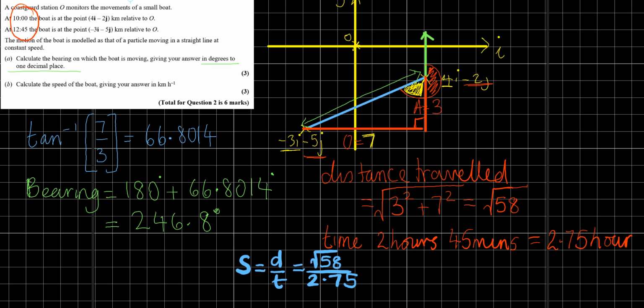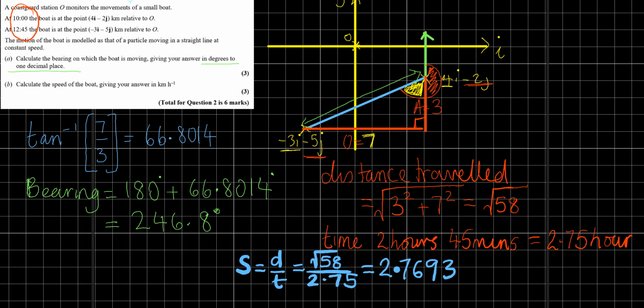And that comes to square root 58 divided by 2.75. That would give us 2.769.